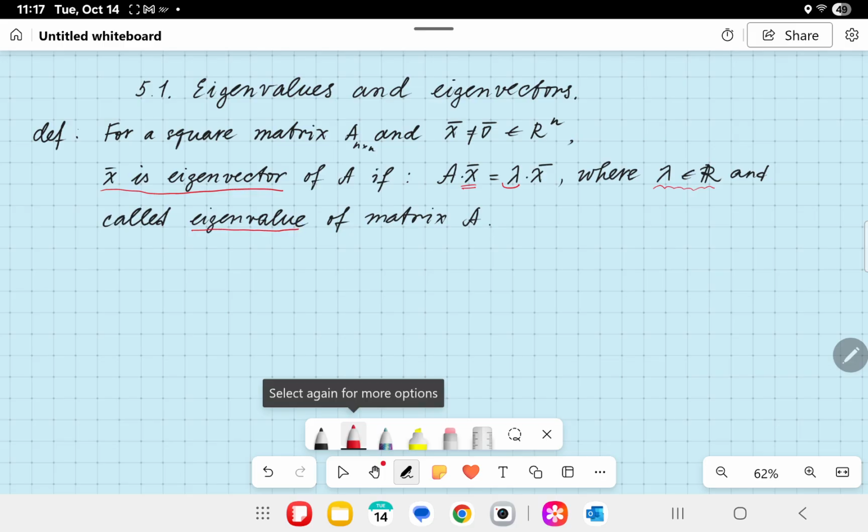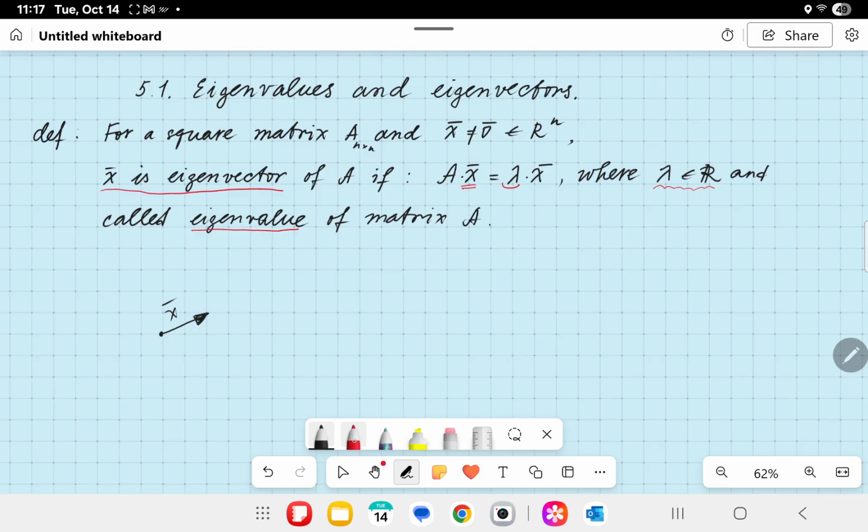Well, what does it mean in practice? Imagine that we have vector x, and vector x looks like this. Again, I'm using two-dimensional vectors, but it's not necessary, just to visualize the definition.